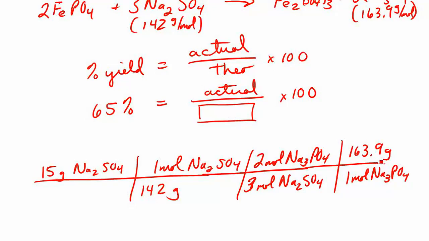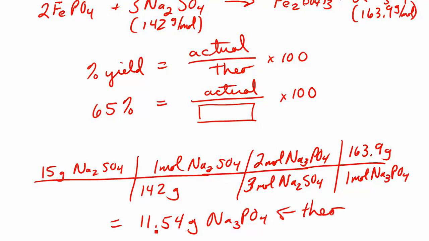So that's going to give us, let's see, 15 divided by 142 times 2 divided by 3 times 163.9. So I'm getting 11.54 grams of the sodium phosphate. And that is my theoretical.